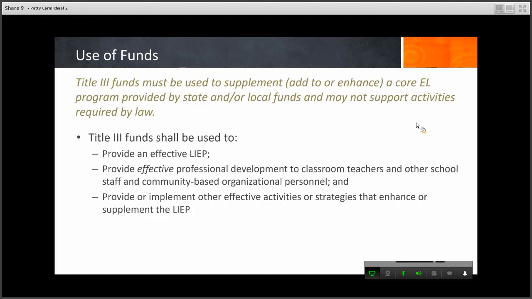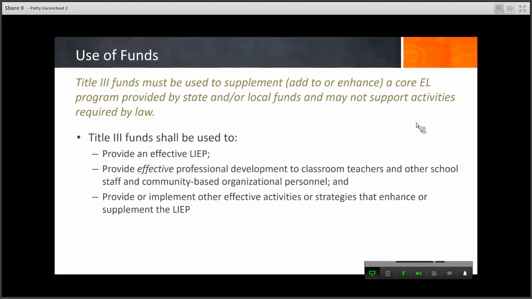Title III specifically requires effective professional development for all staff in your school. And we'll talk about what effective means in just a minute. And then you also need to think about providing or implementing other effective activities and strategies to support that LIEP.